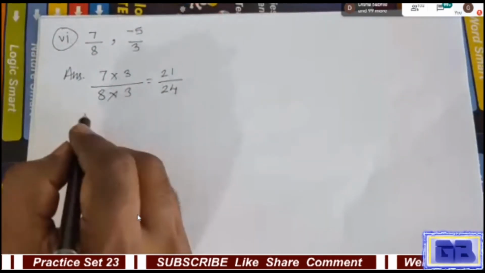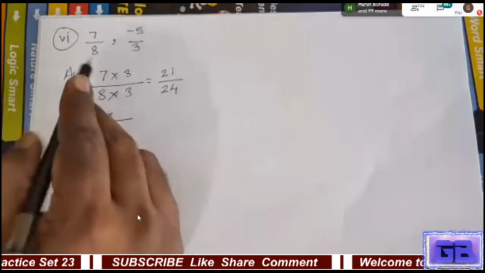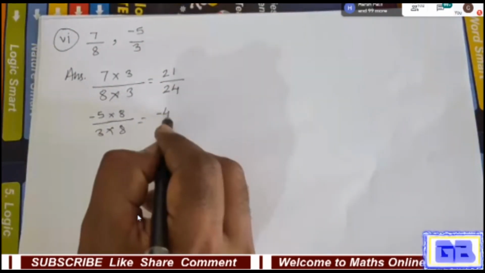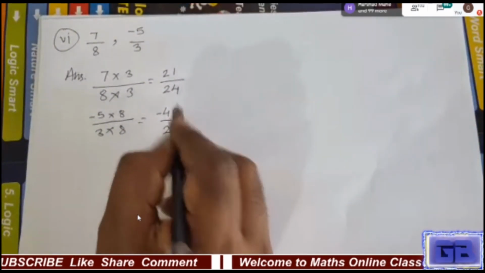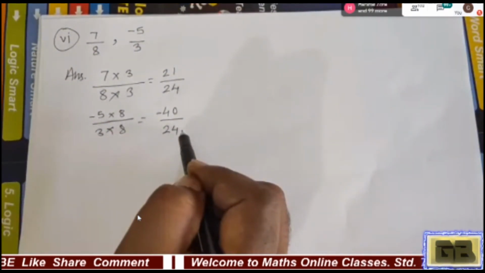Take the second fraction down, negative 5 upon 3, multiply with 8. Now 5 times 8 is 40 and 8 times 3 is again 24.